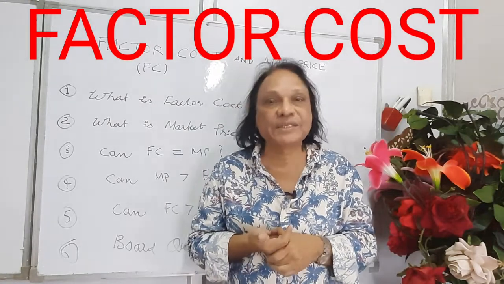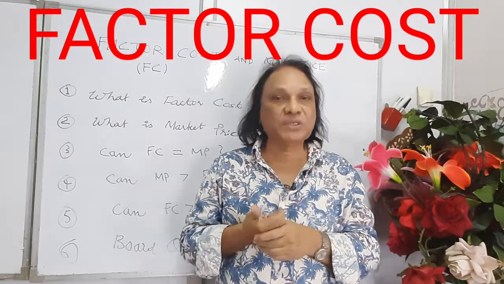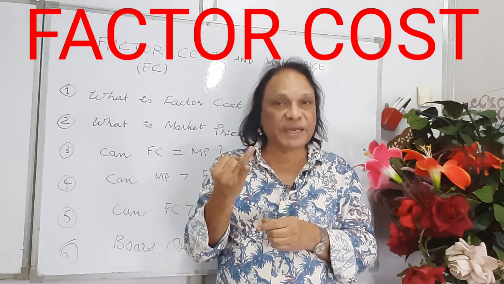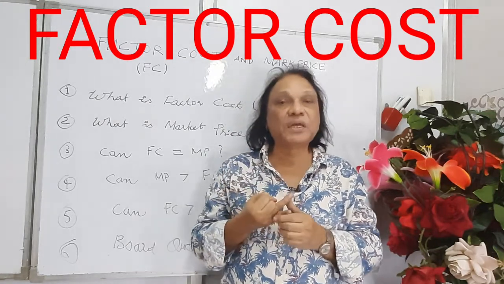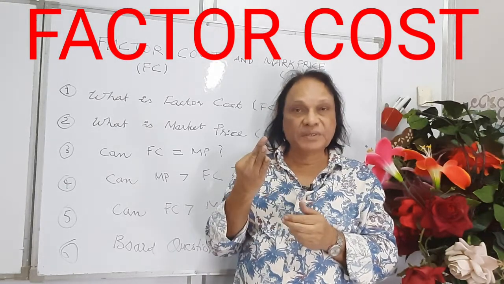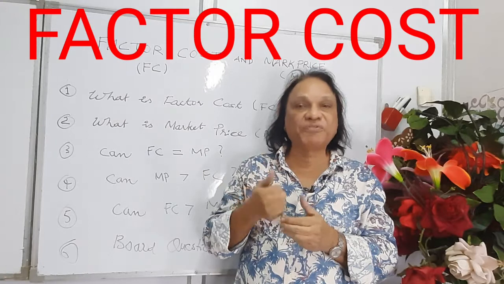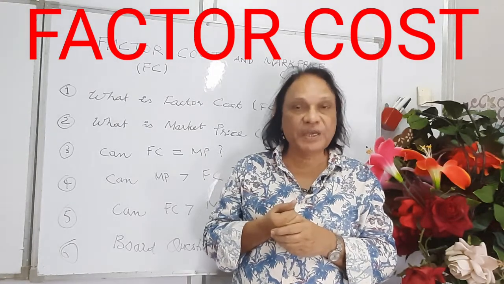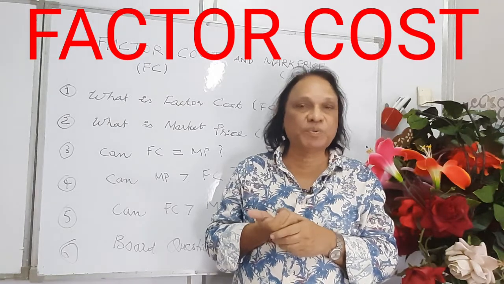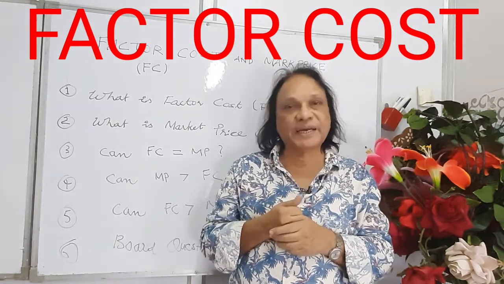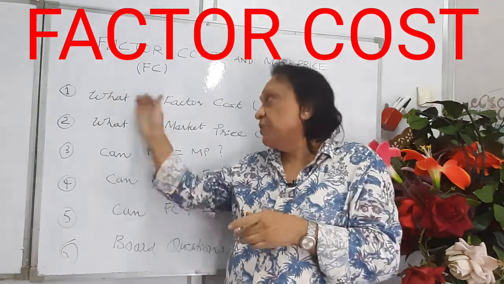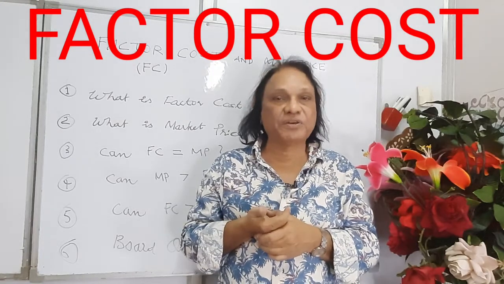Factor cost is equal to rent plus wages and salaries, or compensation of employees, COE, plus interest and profits. So factor cost FC is equal to rent plus interest plus wages and salaries plus profits. I hope it's clear. Factor cost is the cost incurred on the four factors of production.